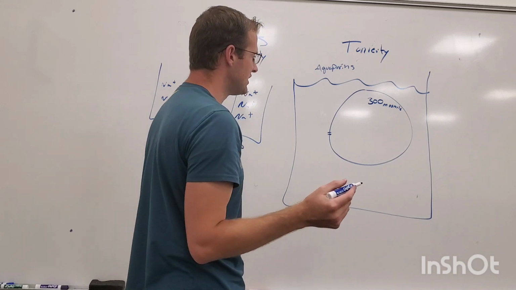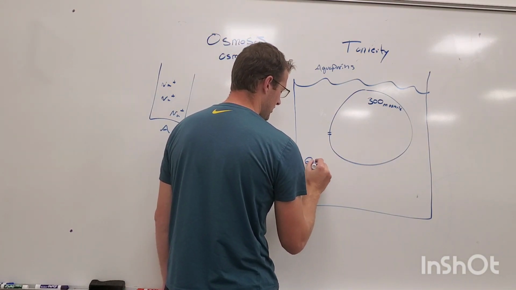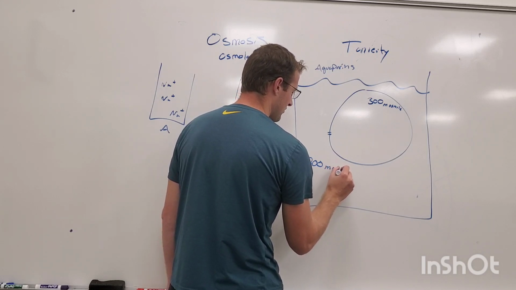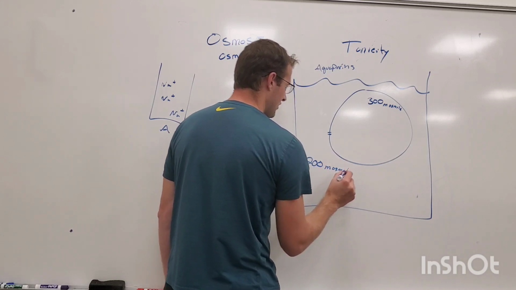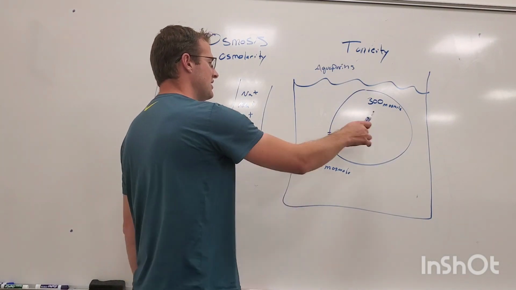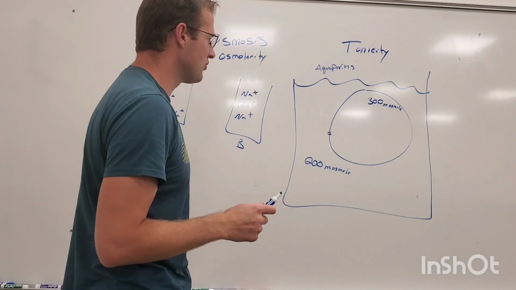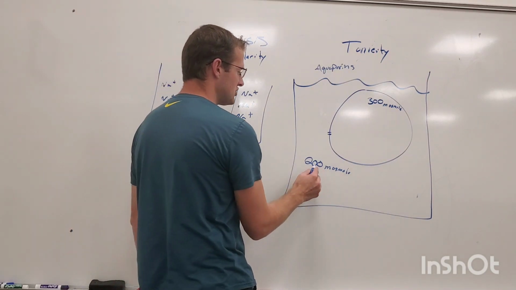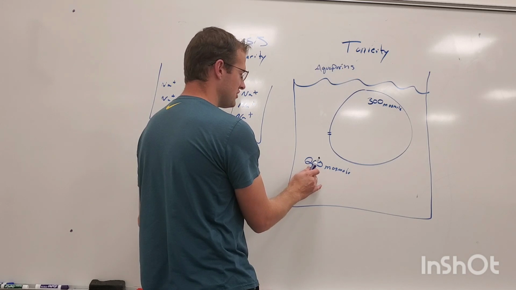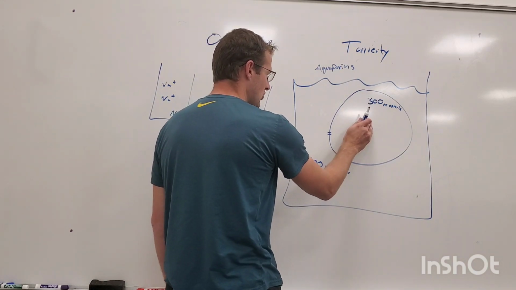If we place this cell into a solution that is 200 milliosmolar, we can look at the effects that the solution has on the cell. So we can see right now that the solution is not as concentrated. It doesn't have as many particles in the solution. We see that the cell has more.